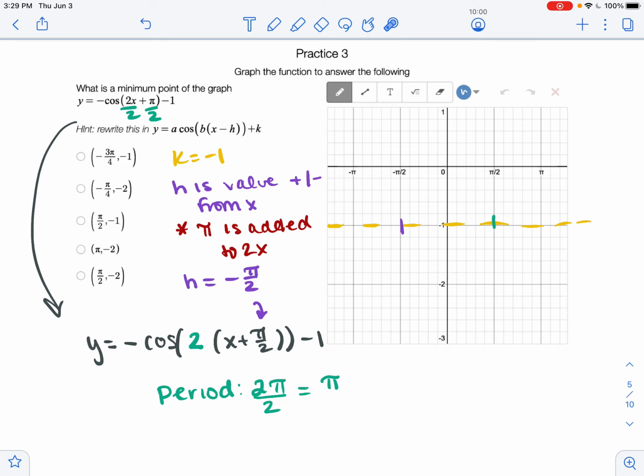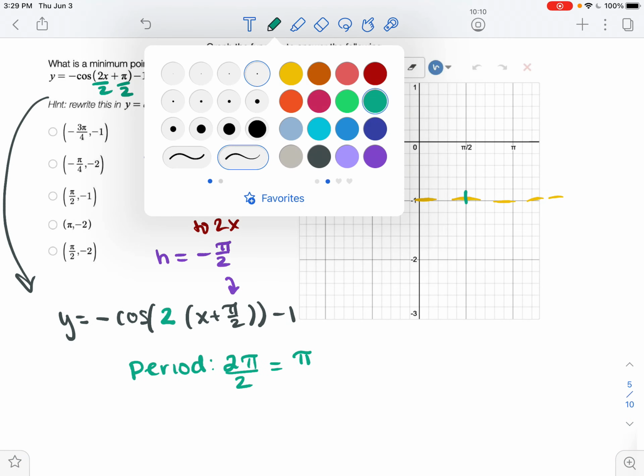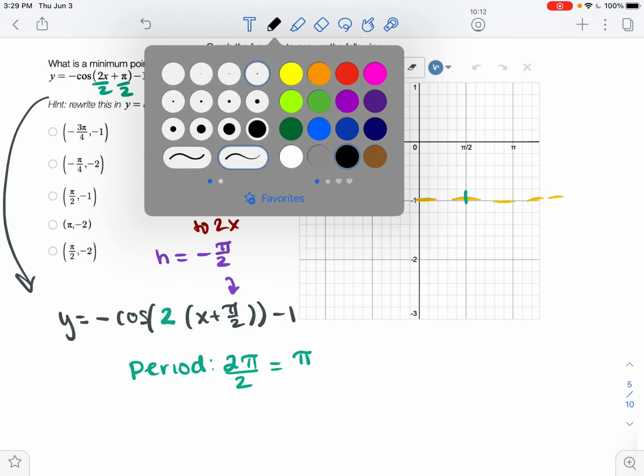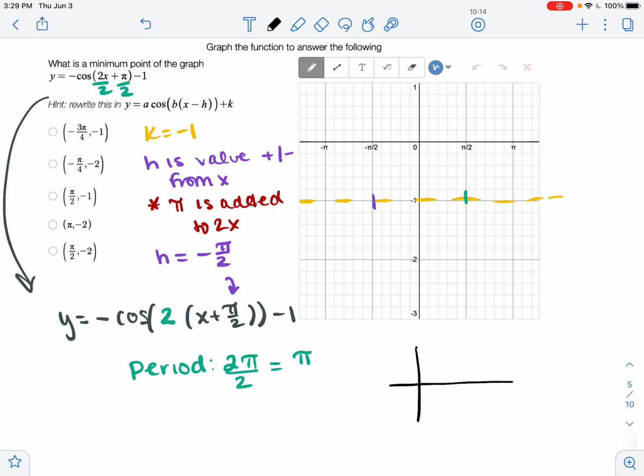So we have 2 pi over 2's, which simplifies to pi. So we know that one cycle of a cosine curve of this nature is going to have to fit between negative pi over 2 and positive pi over 2. Without any reflections or transformations, our cosine cycle is max, mid, min, mid, max.